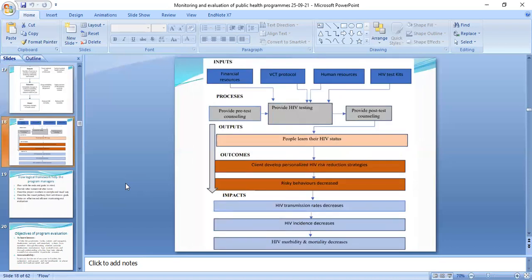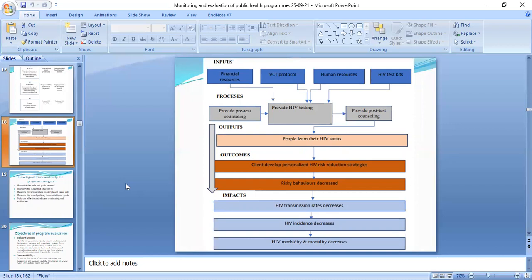Now here is an example of a logical framework of HIV. In this, the inputs are personnel, funds and other resources. In HIV, we need financial resources, VCT protocol, human resources, and HIV test kits.